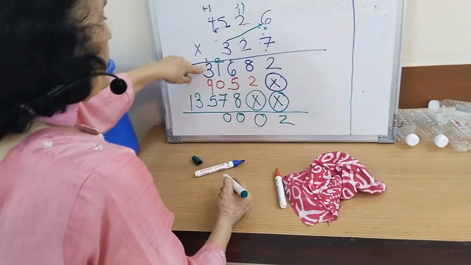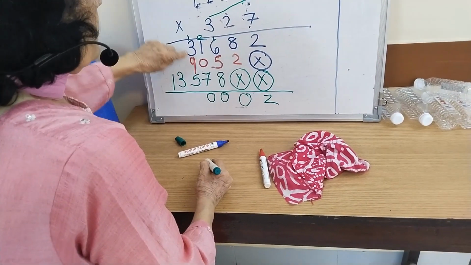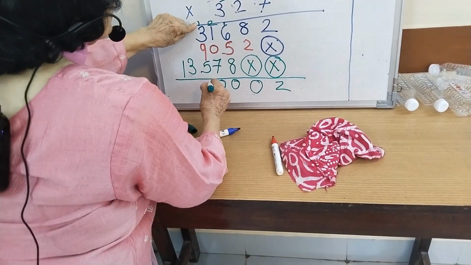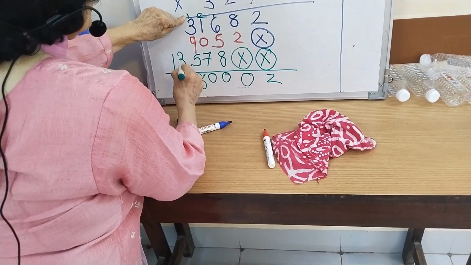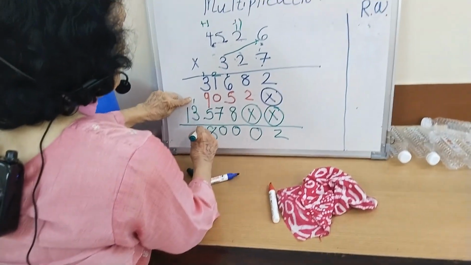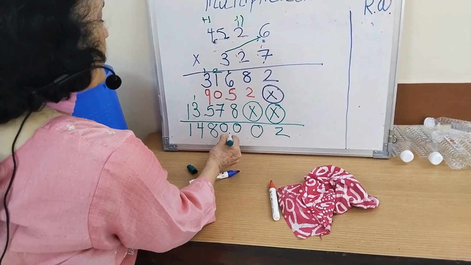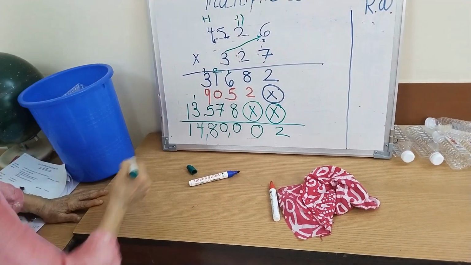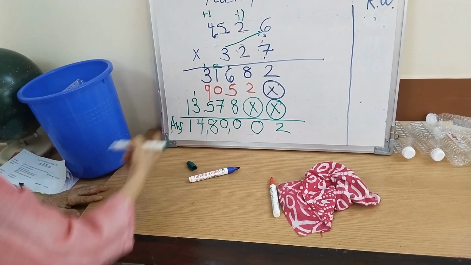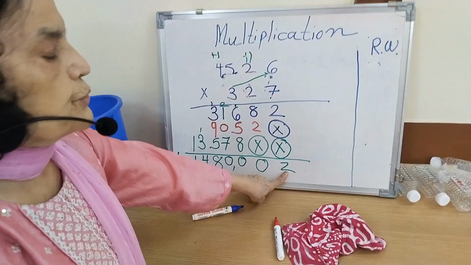We have to add to the next one. 9 plus 5 is 14. 14 plus 3 is 17. 17 plus 1 is 18. 8 here, 1 goes up here. 3 plus 1 is 4 and 1 remains as it is. So our final answer is 14 lakhs 80,002.